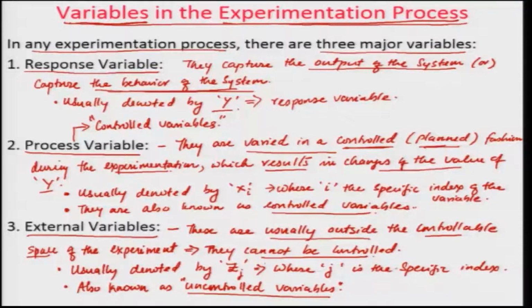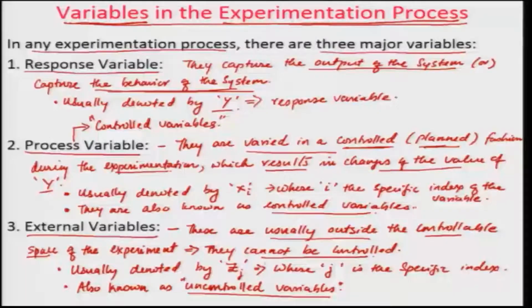A classic example of this would be humidity, something you have no control over. It is controlled by the atmosphere and stuff like that. So, you now know three variables: the response variable, the process variables, and the external or uncontrollable variables. Just to represent this schematically, let me show you how.